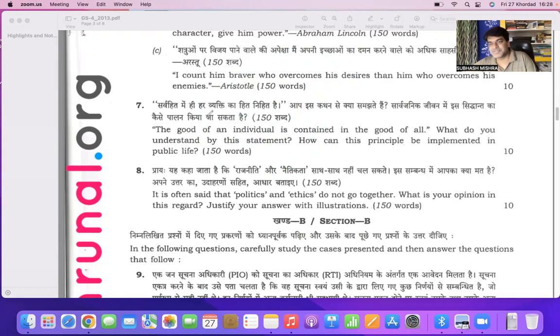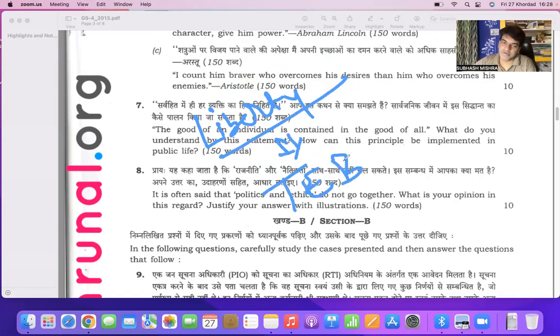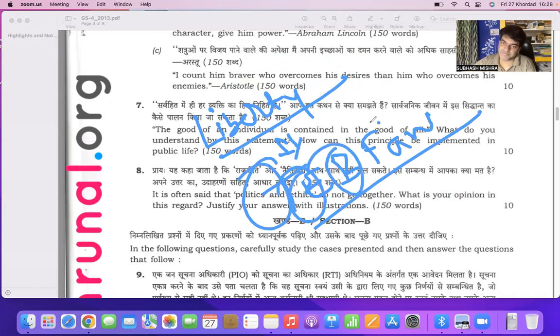Preamble cannot be changed with our fancies. Liberty, see, I told again and again, tab 4. What is that? Fraternity. Tab 4, you remember tab 4.